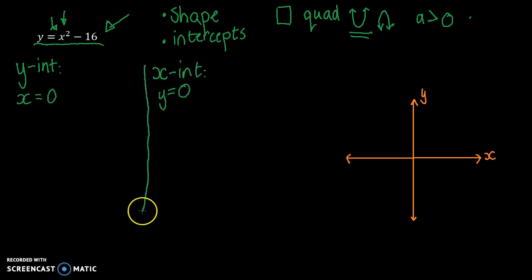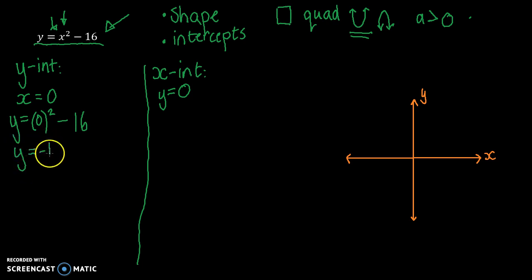There are two different calculations, so let's just draw a line across. If x is equal to 0, we need to substitute 0 in for x, which means y is going to be negative 16. Did we need to show our calculations? Not really. We could have just said the y-intercept is (0, -16).